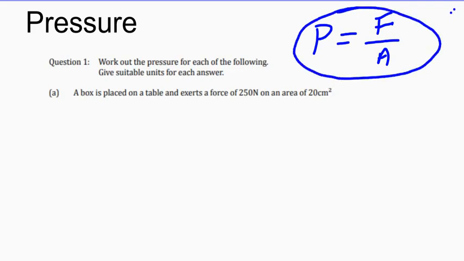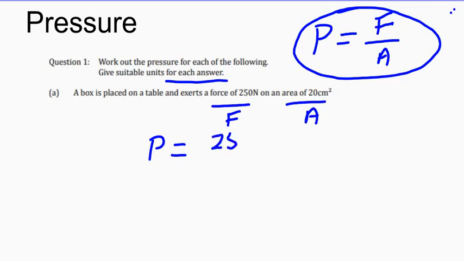Question 1: work out the pressure for each of the following and give units for each answer. A box is placed on a table, so we've got the force, and we've got the area. For part A, pressure equals, it sounds complicated, but remember, you can use a calculator. It's 250 newtons.